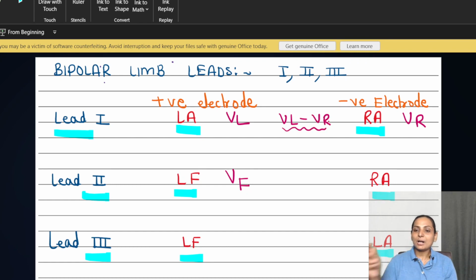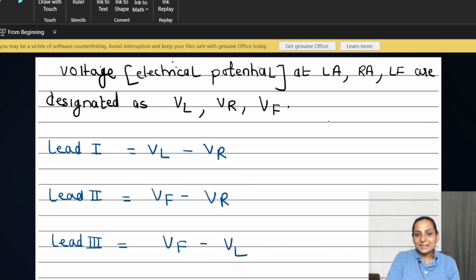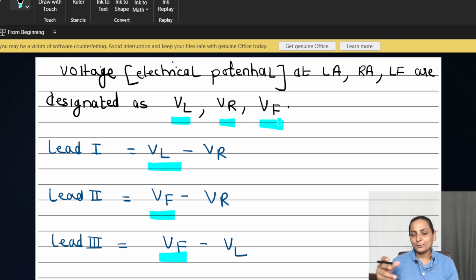So the moment you see VL minus VR, remember it is left arm and right arm. Now this was basically done as you have written also. So lead 1, lead 2 and lead 3, right? Because they can be designated as VL, VR, VF. So I've tried to make it very, very simple so that there is less confusion and more understanding.